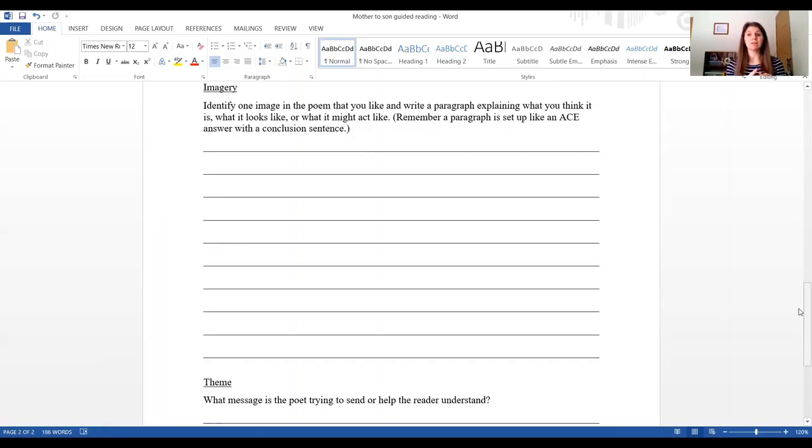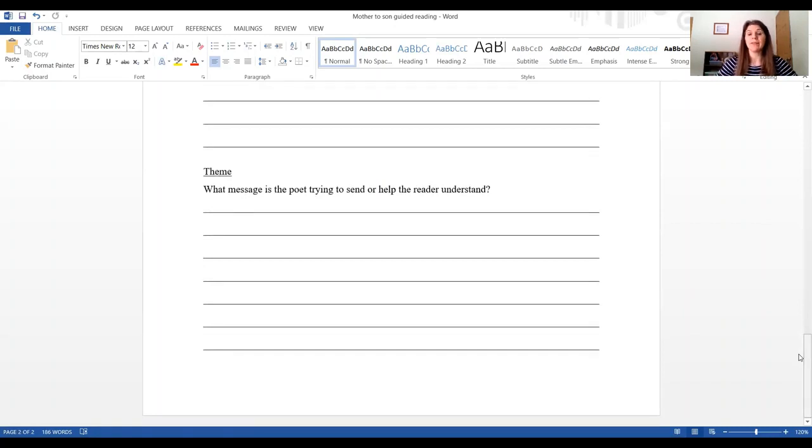You need to include some text details, so quotes, a couple words or lines that you're going to be then explaining within your paragraph, and then you're going to wrap it up with a conclusion sentence at the end. Take a few minutes to go through the imagery, look back to the poem, use the words from it to help you describe it. When you're ready, come back for my last explanation on the last question.